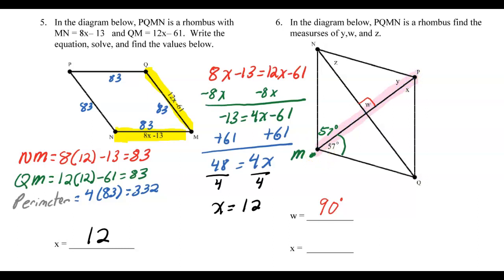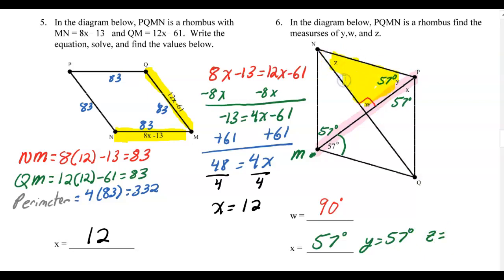Likewise, angle X and angle Y are also 57, as we saw in the property that those angles were congruent. So X is 57, Y is equal to 57. And then the last thing I need is Z, and I'm going to highlight, we have a triangle here.